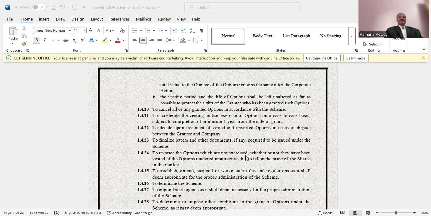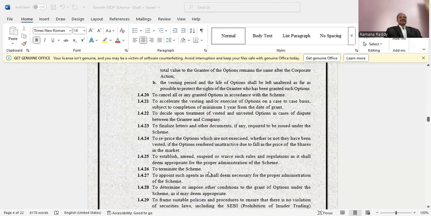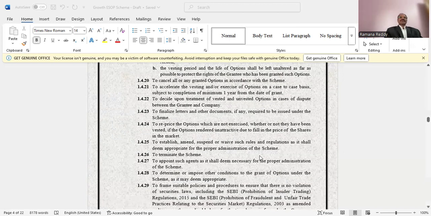Suppose the price is not attractive and employees are not exercising, so the NRC will take a decision. To establish, amend, suspend, or waive such rules and regulations as it shall deem appropriate for proper administration of the scheme, the committee will take a decision.